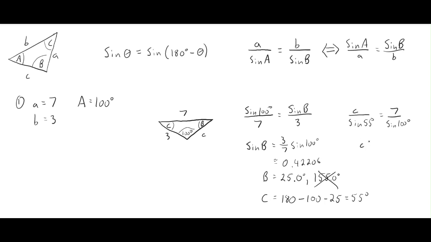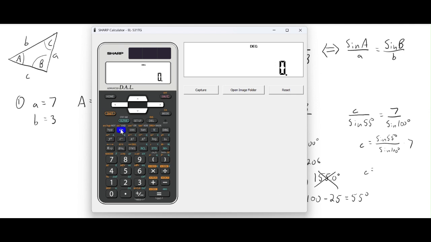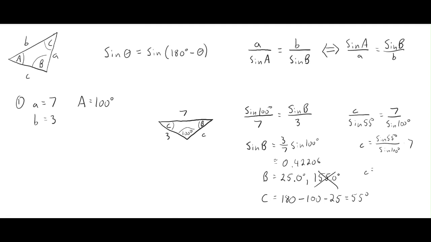But now we have C equals sine 55 divided by sine 100 times 7. And there we go, 5.82, let's call it.